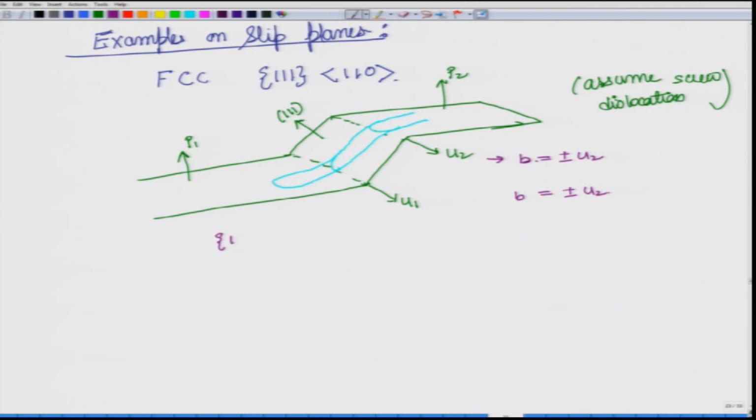So, 1 1 1 can be written as 1 1 1, negative 1 1 1, 1 1 bar 1, or bar 1 bar 1 1.